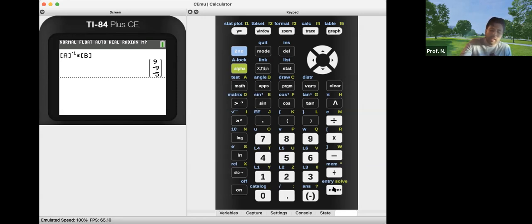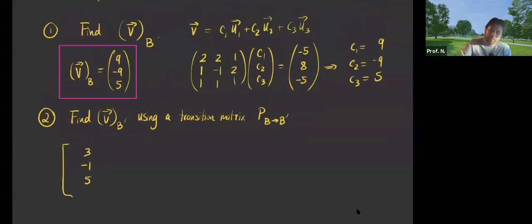Okay. And now I want to compute the transition matrix. So how do I get the transition matrix? Well, now I have to create a 3 by 6 matrix where the first 3 columns are the columns of the new basis. So we found the coordinate vector of V relative to the old basis, 9, negative 9, 5.